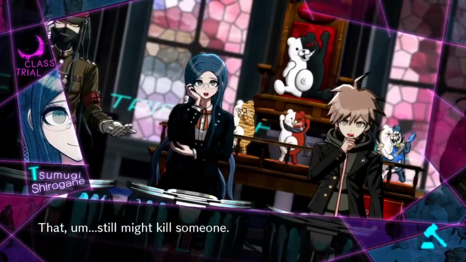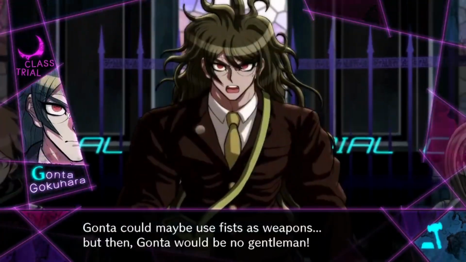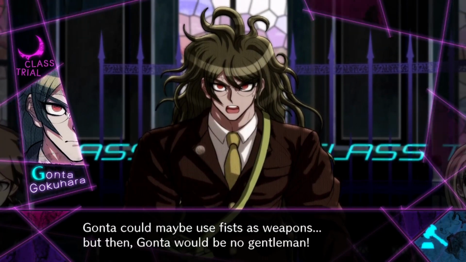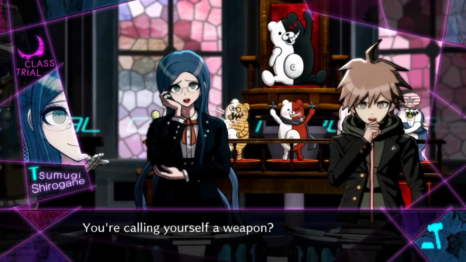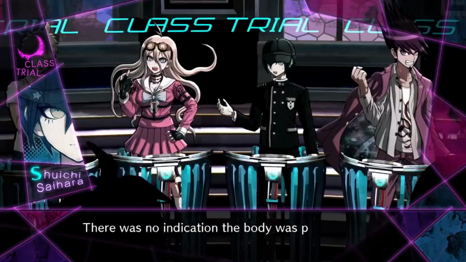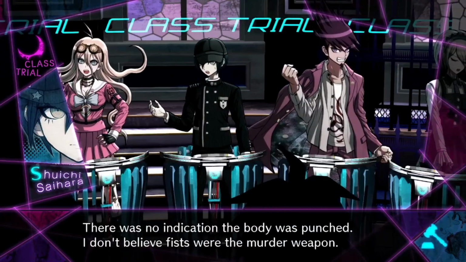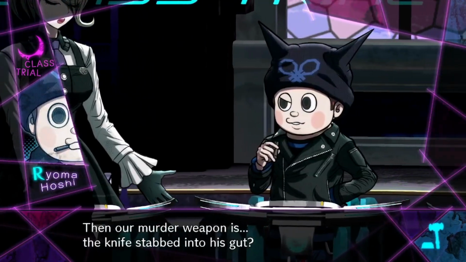That still might kill someone. Gonta could maybe use fists as weapons, but then Gonta would be no gentleman. Yeah, I don't think Gonta is the culprit. You're calling yourself a weapon? There was no indication the body was punched. I don't believe fists were the murder weapon. Then our murder weapon is the knife stabbed into his gut?